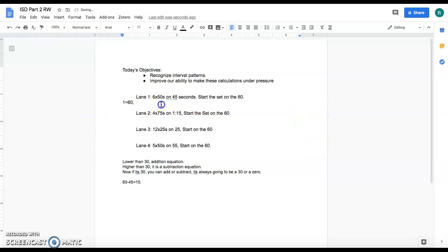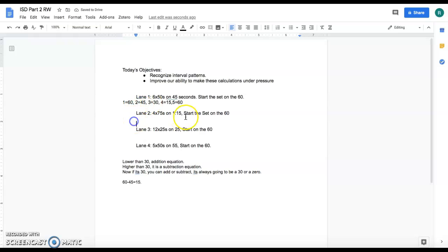Taking that number 15 allows you to make a very simple subtraction equation to find every single repetition during this set. So number 2: what is 60 minus 15? 45. Number 3, 45 minus 15, 30, etc. We'll bring this all the way down to 15, which brings us back to the 60.